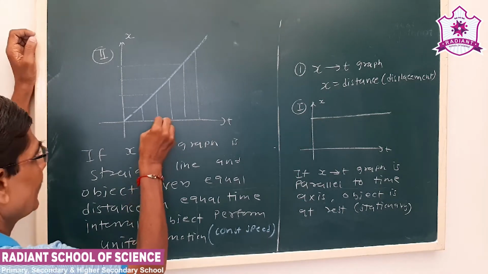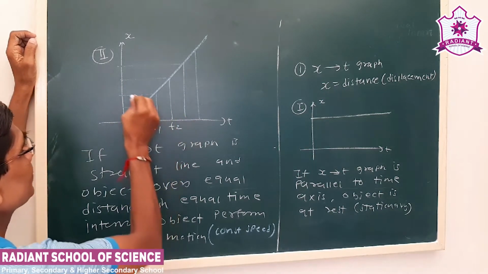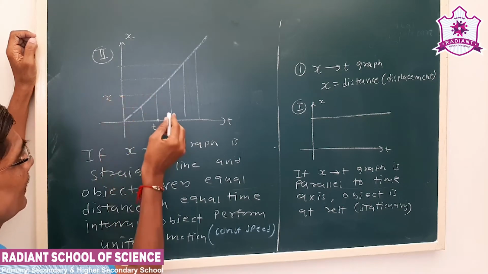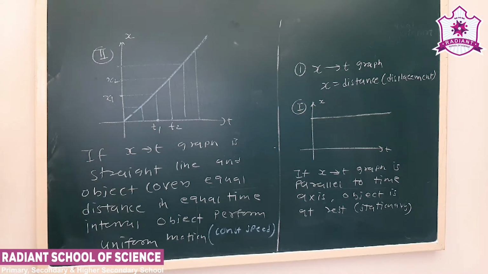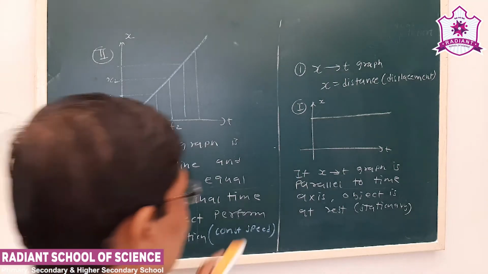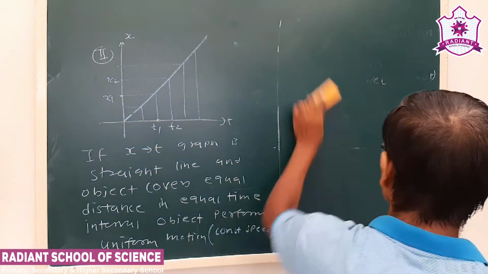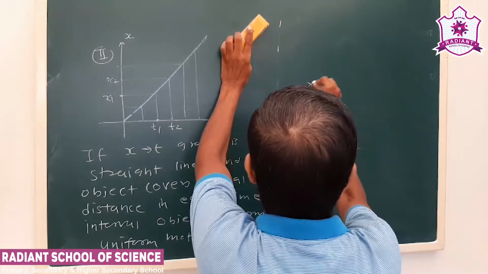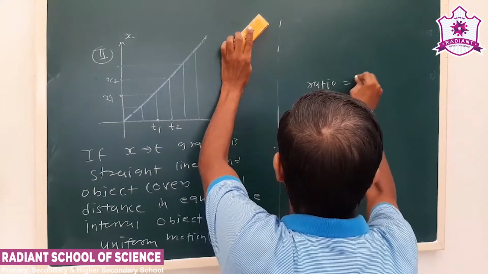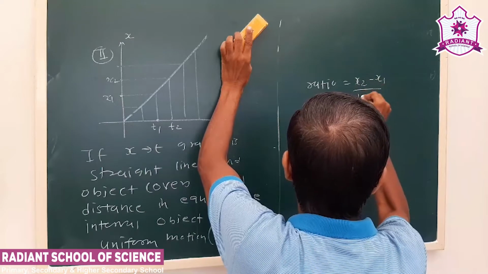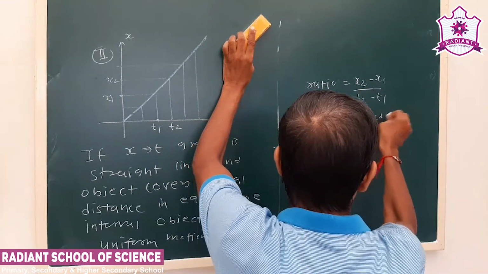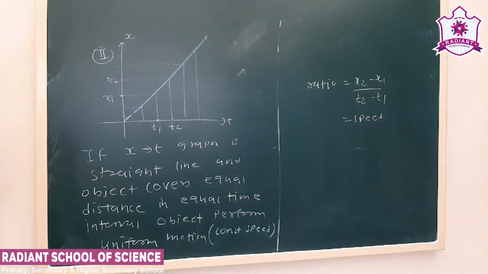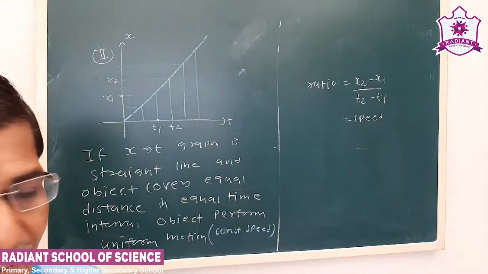Now see, let us say at time t1 here and t2 here, the corresponding positions are x1 and x2. Then this ratio, change in position upon change in time, will give the value of the speed or velocity. If it is an x versus t graph of distance, then we get speed.